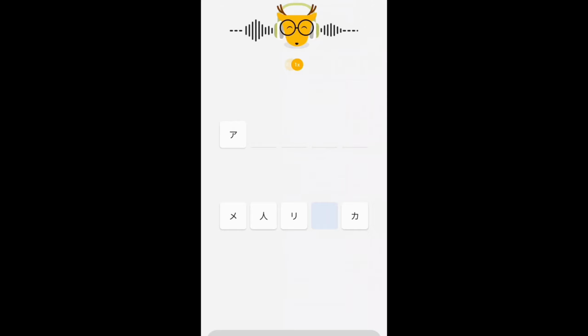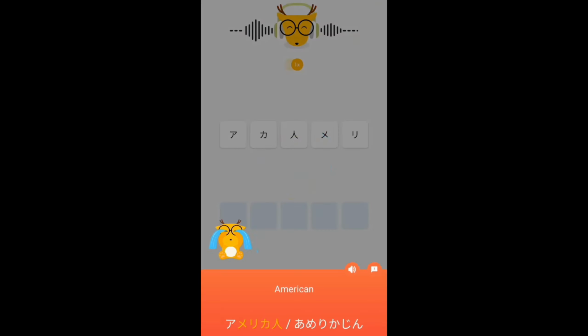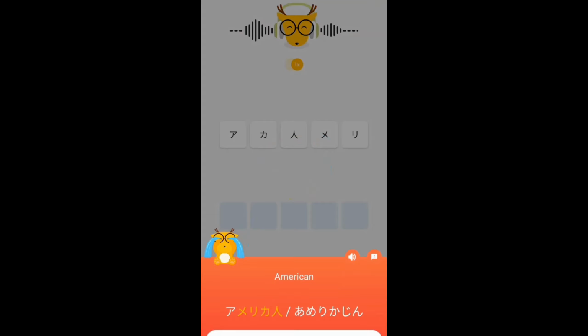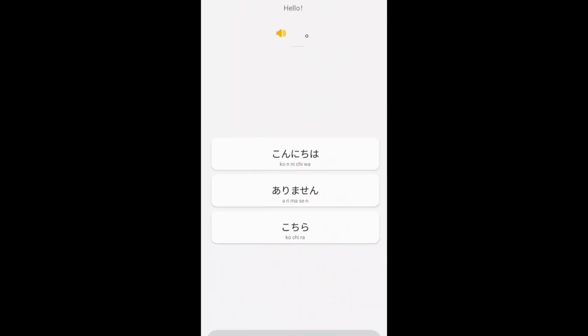Amerikajin. They're writing this in katakana, if you can see. So Amerikajin. It's all in katakana because it's a foreign word. So Amerikajin. And they've also written it in hiragana as well, but it's usually written in katakana.